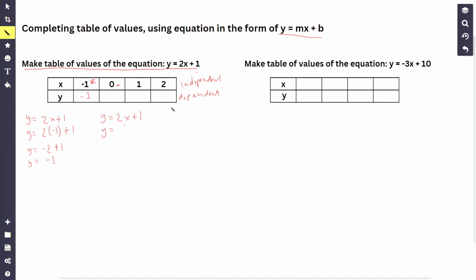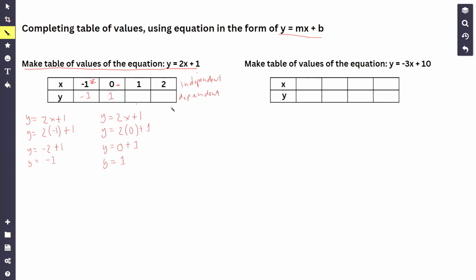So y equals 2 times 0 plus 1. 2 times 0 is 0, and then plus 1. So y equals 1.